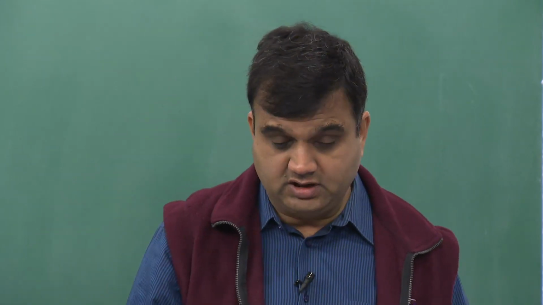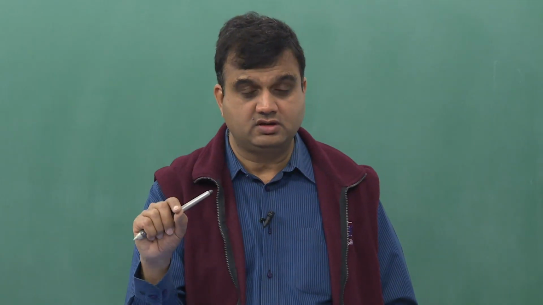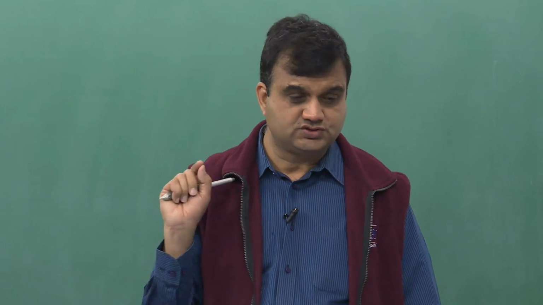So, the third point is, and this is a next level, another fine point, that if at point A, U is prescribed, it does not necessarily have to be 0, but if U is prescribed, then variation at U is not possible. Similarly, if U is prescribed at B, then variation at B is not possible, and so on and so forth.